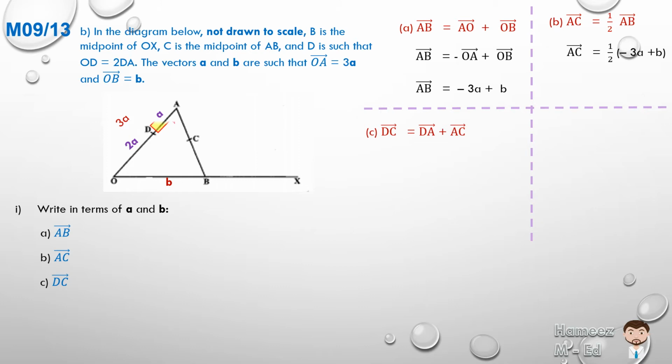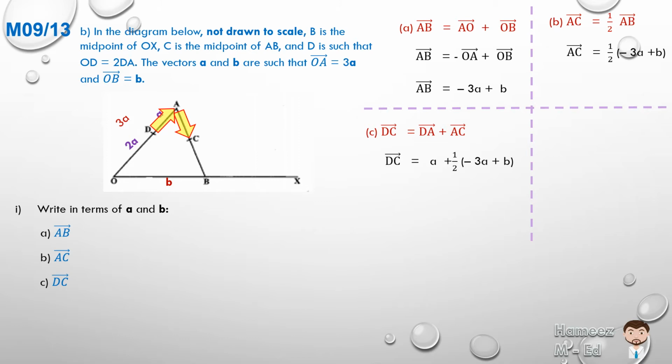So if we walk from D to A, then we took a rest at A, then we got up and we walked from A to C, that would give us the same thing as if we walked in a straight line from D to C. So what do we know? DC is equal to a plus AC, which we worked out in part B, is a half (minus 3a plus b). Now it becomes a simple algebraic expression. So we can expand.